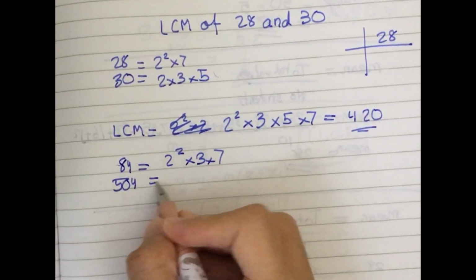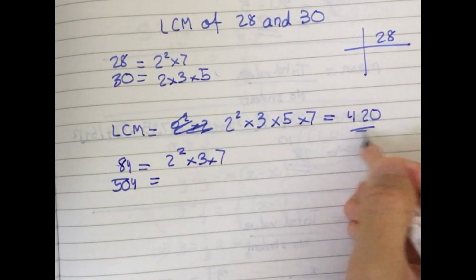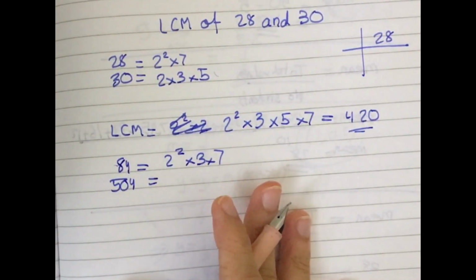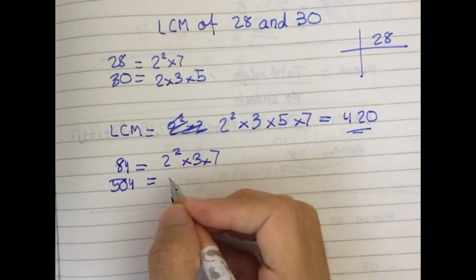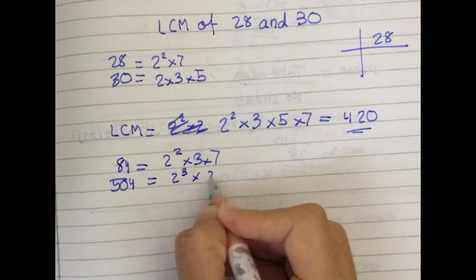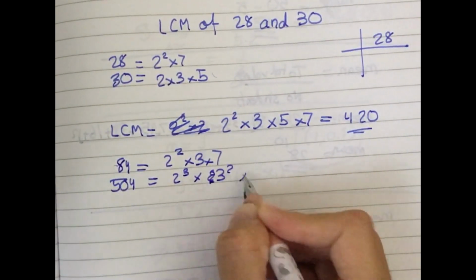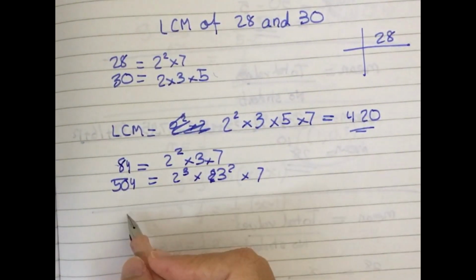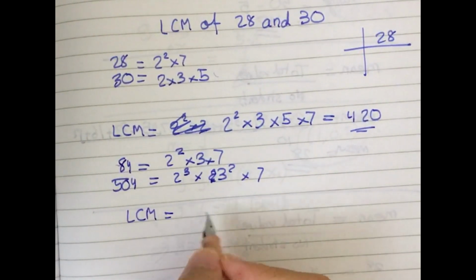For 504 I get 2 cube times 3 square times 7.